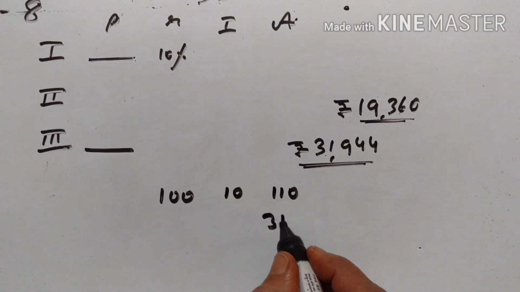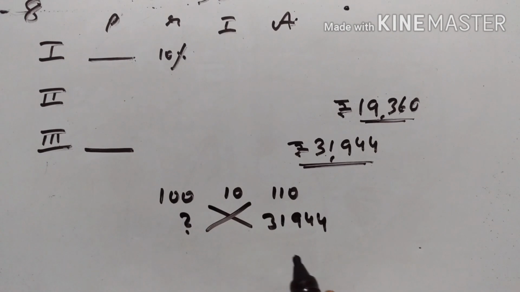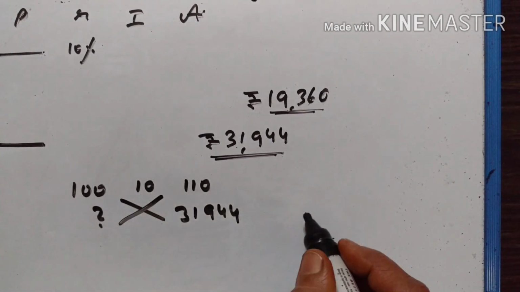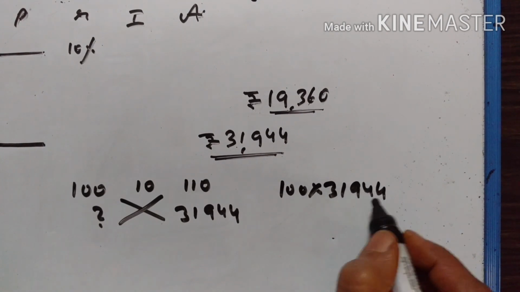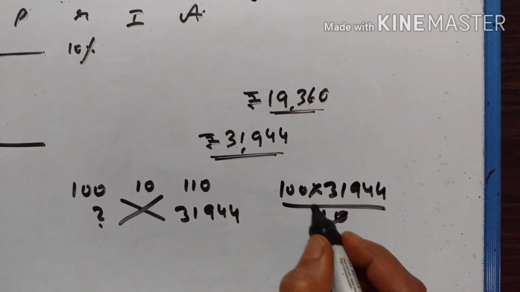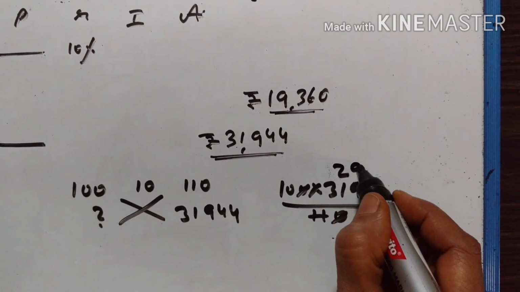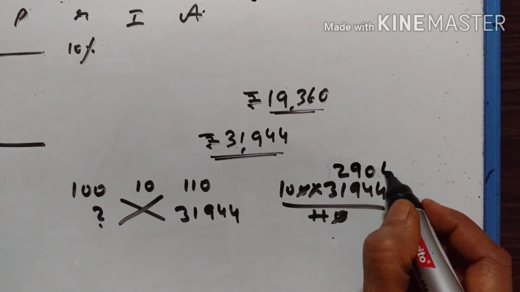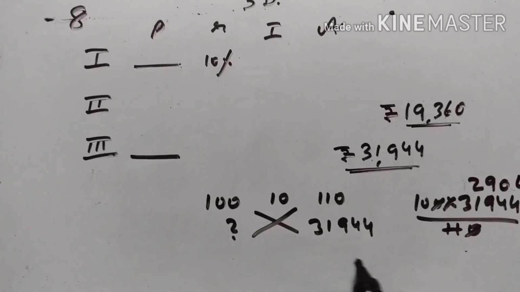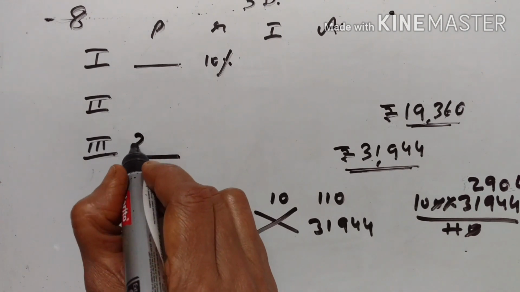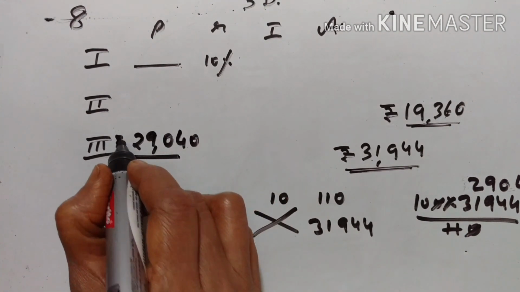So if the amount is 31,944, what is the principal? 100 into 31,944 divided by 110. 0 goes off. 11 2s are 22, 9 remains, 11 9s are 99, 11 4s are 44, 2904 into 10 is equal to 29,040 rupees.